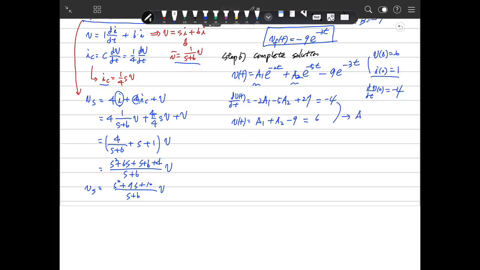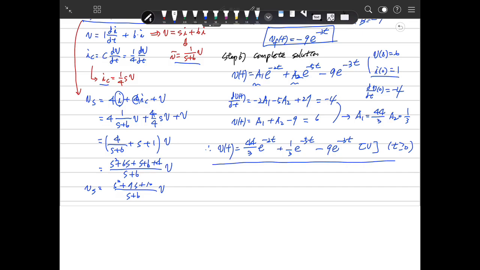From here we got A1 is 44 over 3 and A2 is 1 over 3. Therefore final vt is 44 over 3 exponential minus 2t plus 1 over 3 exponential minus 5t minus 9 exponential minus 3t volts, when t is other than 0. This is a complete solution of this problem.